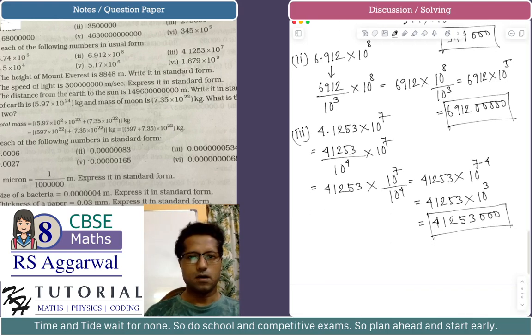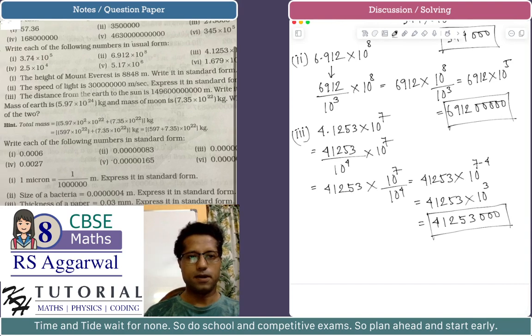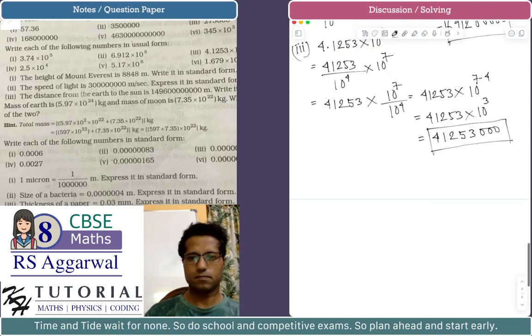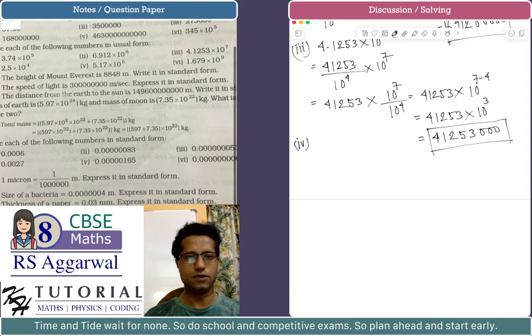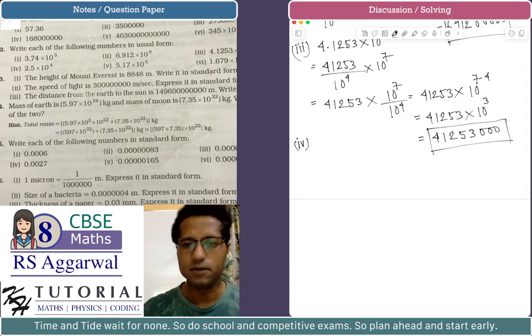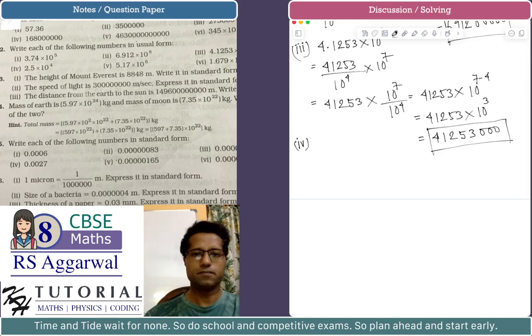Okay, part 4. Now these are all the same. I hope you have understood the concept, and even though it is not really necessary to solve this, for the sake of completeness I am solving all the problems. This is 2.5 multiplied by 10 to the power 4.